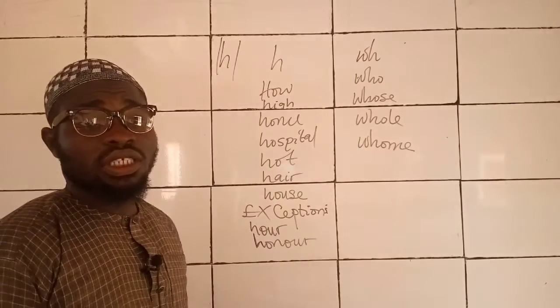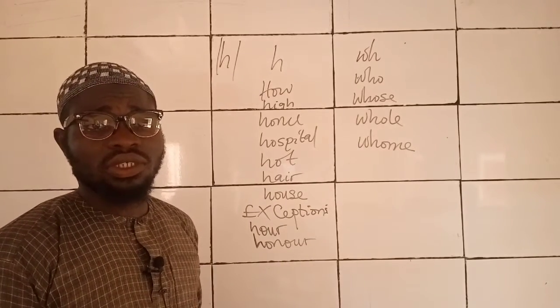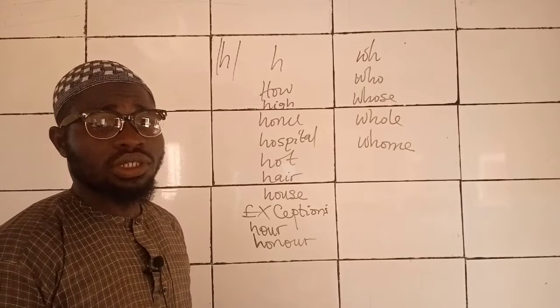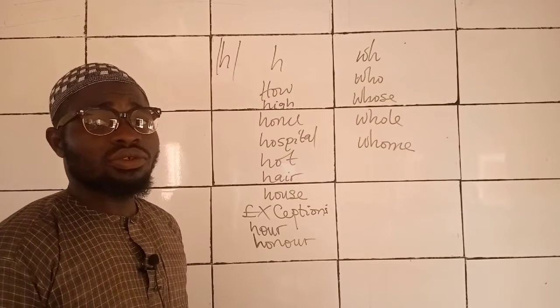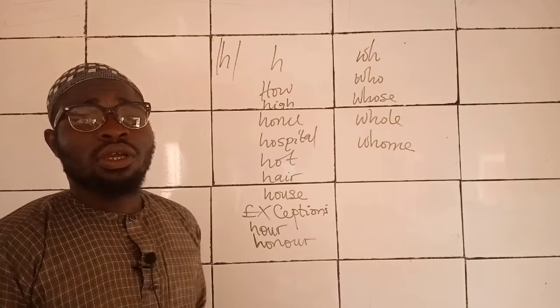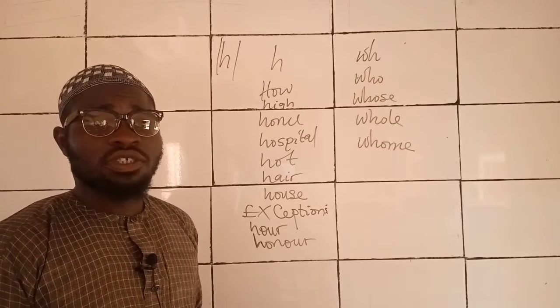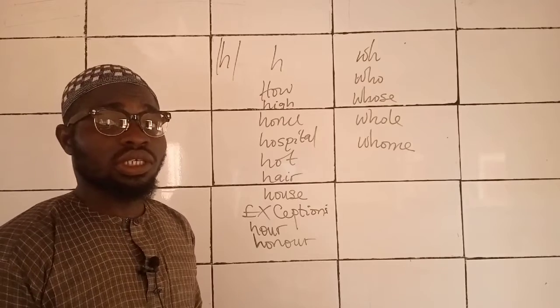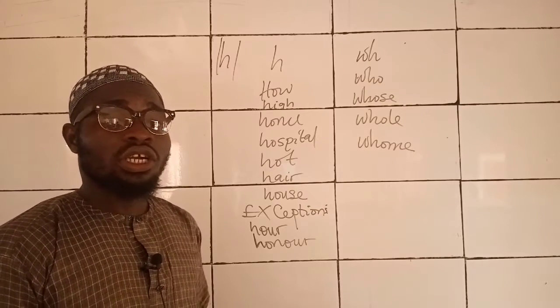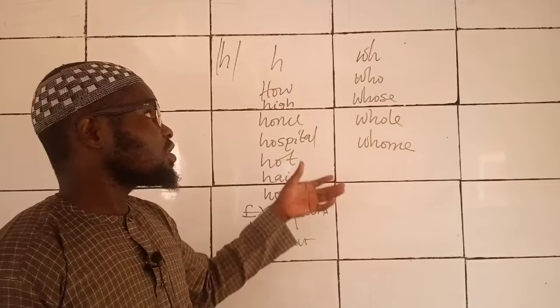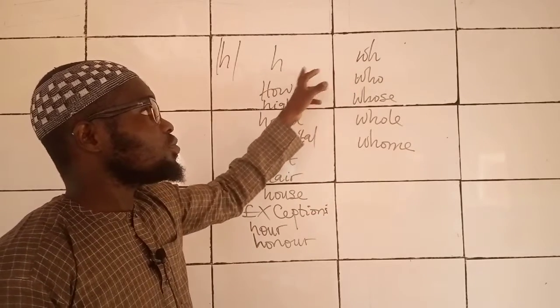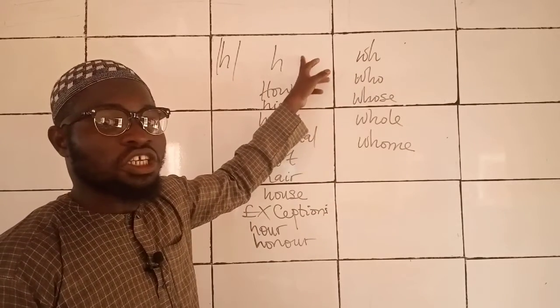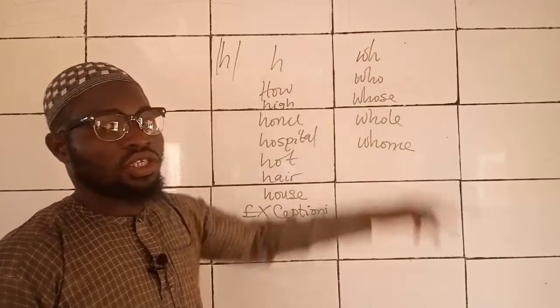Okay, this is the last of the fricative sounds in the English language. This is the ninth one, and this sound is known as the voiced glottal fricative. It is pronounced as h. That means it comes from the glottis. It is realized in two ways, either with letter H or WH.